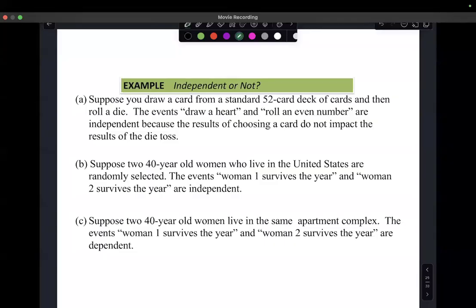One of them could spill a glass of water outside of her apartment and cause the other one to slip and fall down the stairs. Their lives intersect, so we can't call it independent because they could affect each other. There is that possibility. So we can't call those independent because they're too close, if that makes sense.